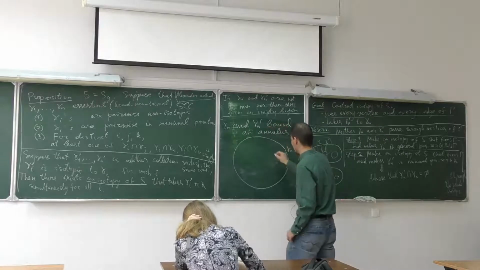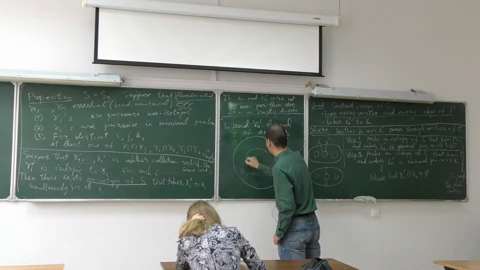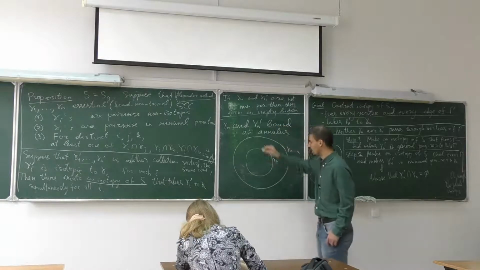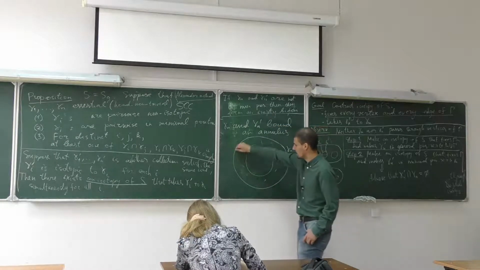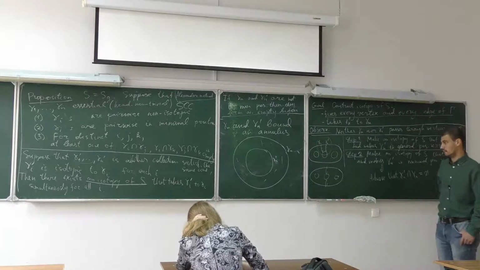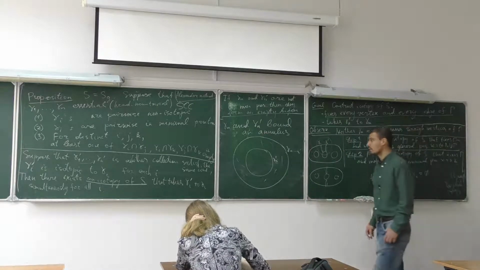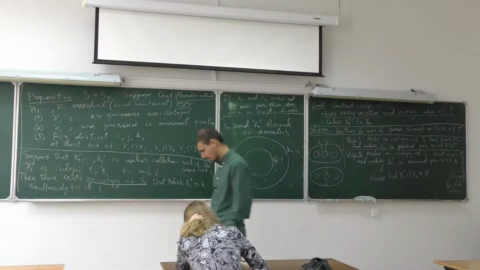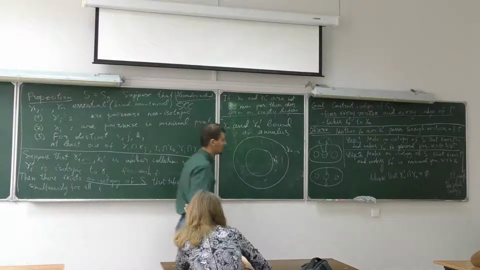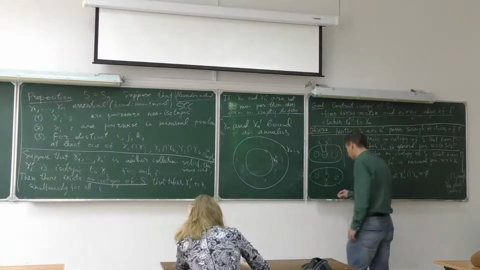This is gamma n, this one is gamma n prime, and again look at how this annulus intersects the graph gamma capital.